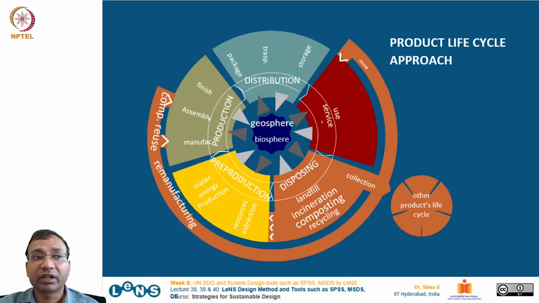Then the production stage goes to final manufacturing, assembly, finishing, etc. Then it goes to distribution, packaging, transportation, storage, and the use part, the consumption part of it. Then it goes for collection once the life expectancy is over. Once the usage is completed and fulfilled, it goes for recycling, reusing, etc., or maybe ends up in the landfill. This is where the disposing approach comes in; this is how it normally works.